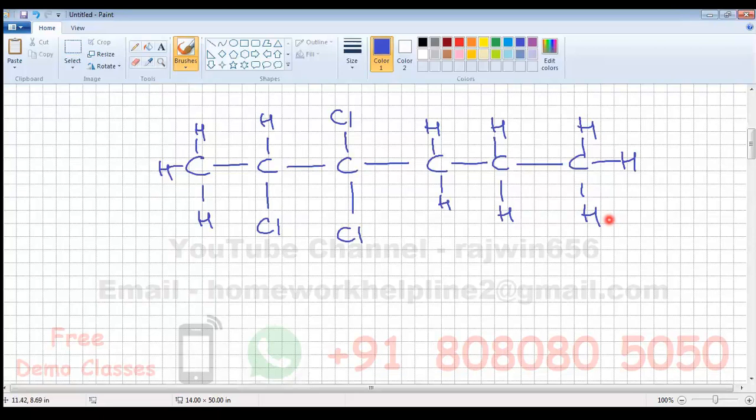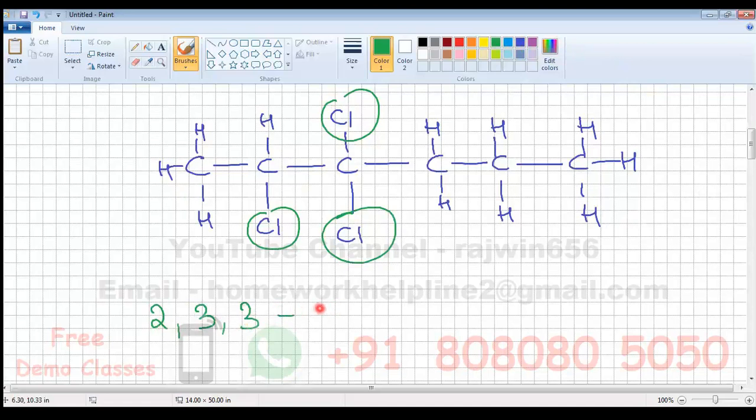What about numbering? You have to give the position of the chlorine atoms also. 2, 3. It will be 2, 3, 3, 3. Di, tri. Okay, like that.